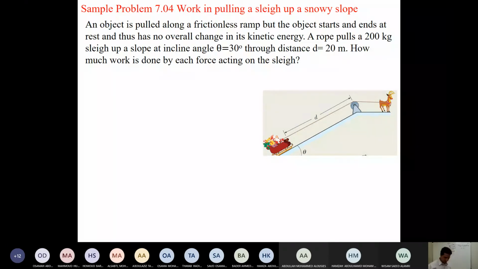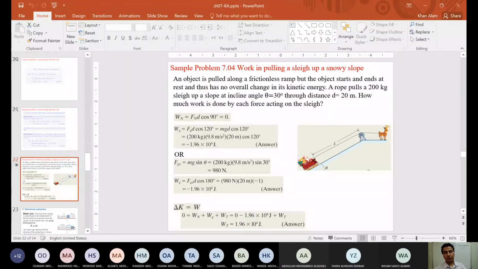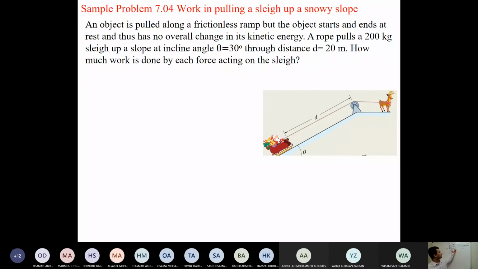It is also zero. Mg cosine theta is giving us zero work.